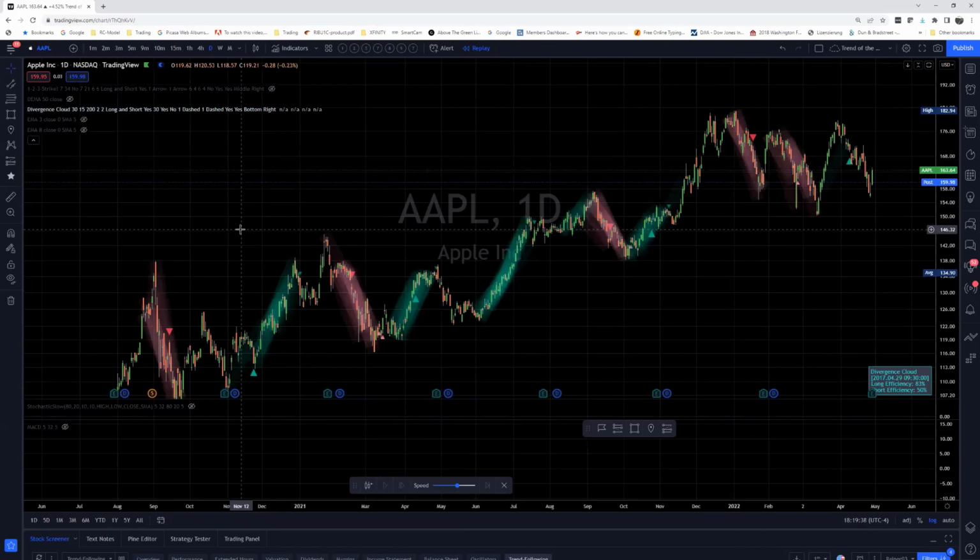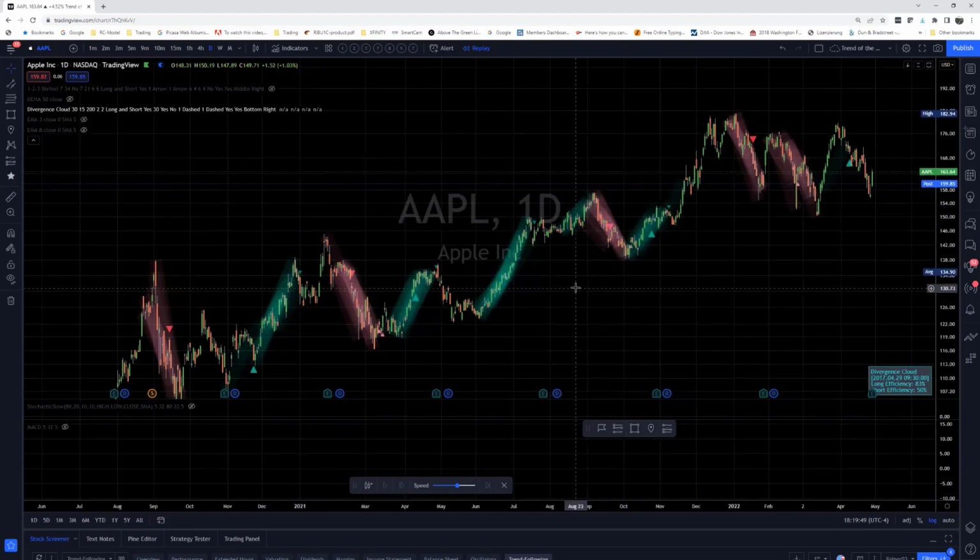What's really good about it is that it's based on price trend, momentum, and volatility, and that's really important for all trading. You need to have these things, and it incorporates all of them. And you have the clouds that really give you an idea. The green clouds represent the bullish ones, where volatility goes down and the price is accelerating, and the opposite with the bearish one. That is very, very helpful.